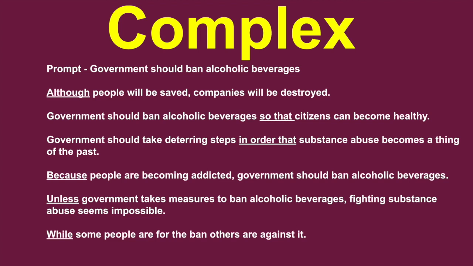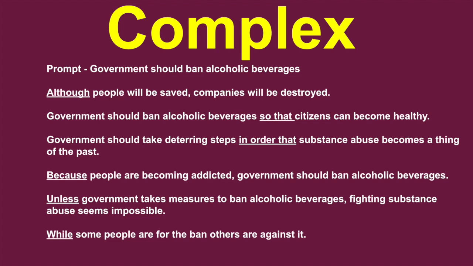In this case, you have to use words like although, so that, in order that, because, unless, while, etc. We'll see a list of all of the words that should be used in order to construct a complex sentence in the next slide.